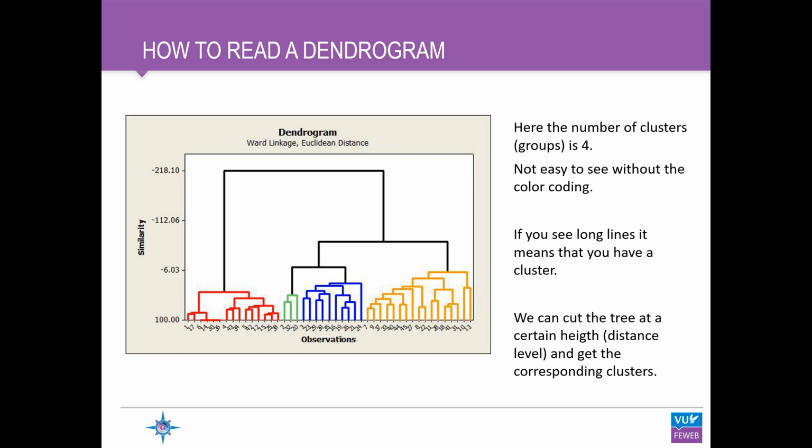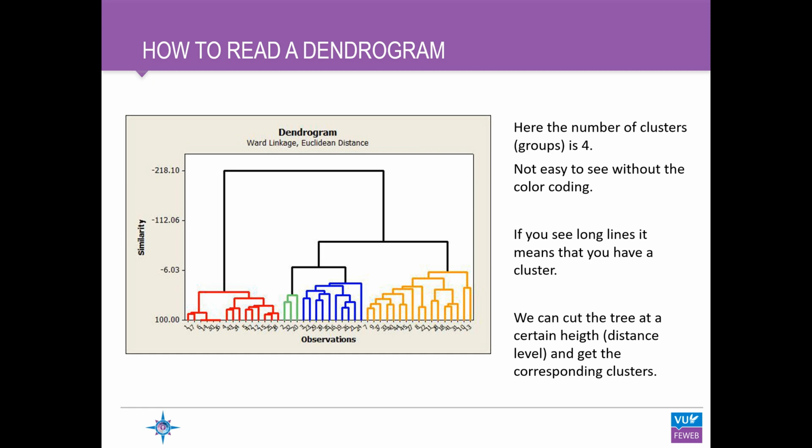And the vertical lines actually show you how long it takes for some clusters to be formed. You can see that this group of observations is different from this group of observations, because it takes a long time before it is clustered together with the others. So these vertical lines can show you how many clusters might be useful to look at.